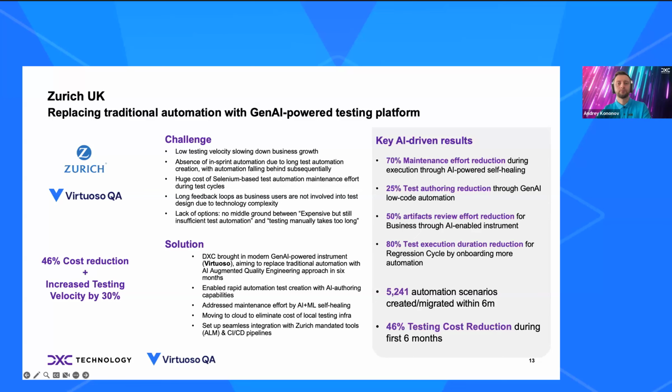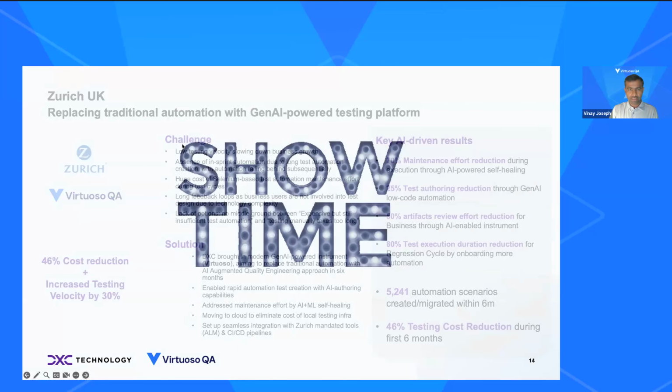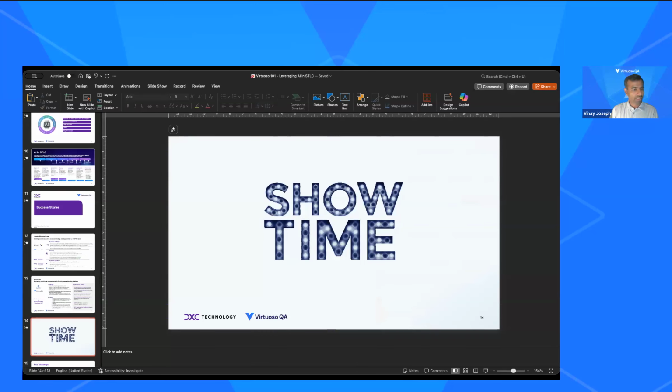Andre, I think I would just want to spend a little bit more time demonstrating some of these features, because I think it would not be fair if we just talk about it and not show the tool in action. So let me share my screen, and we will get started with a quick demo of how this would make a huge impact.